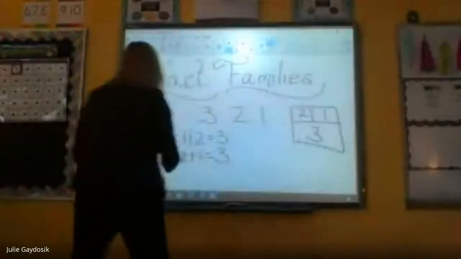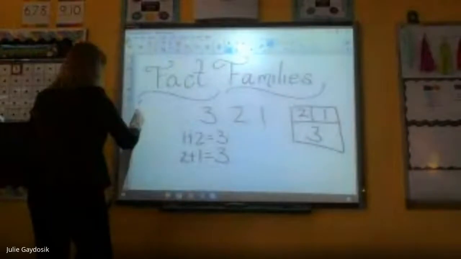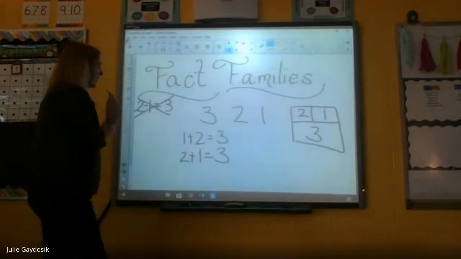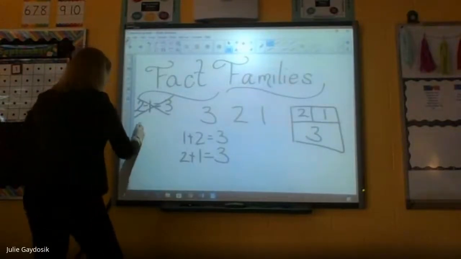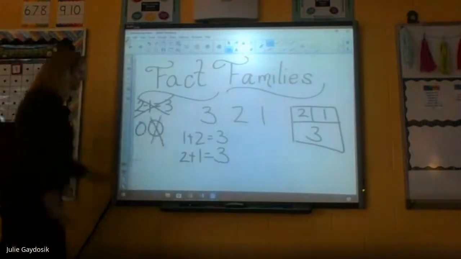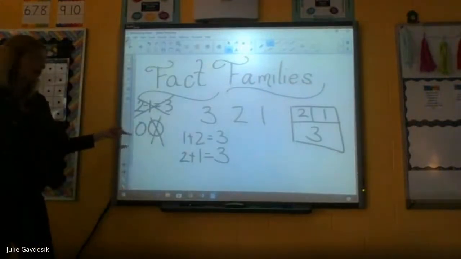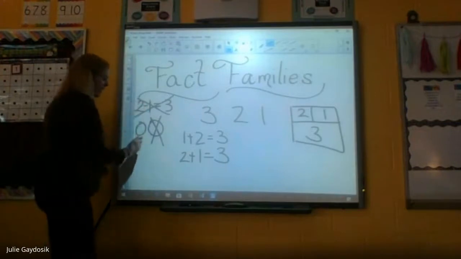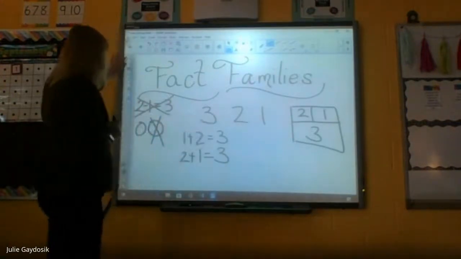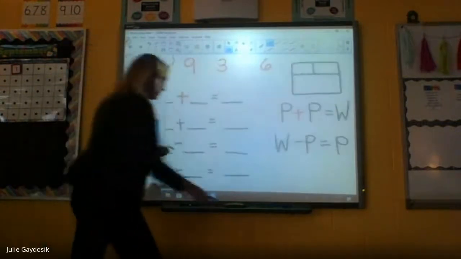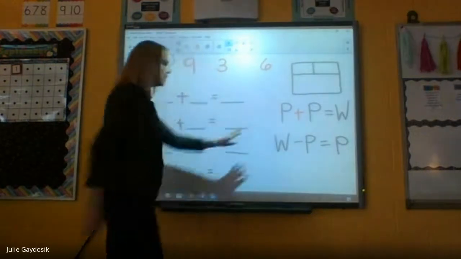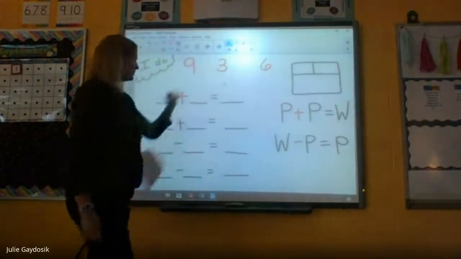So I can't write this as 2 minus 1 equals 3. That's not correct, okay? Because if I have 2 circles, there's my 2 circles, and I take away 1, do I have 3 left? No, I only have 1. So this right here isn't correct, okay? So you have to make sure that you understand these 2 equations right here.